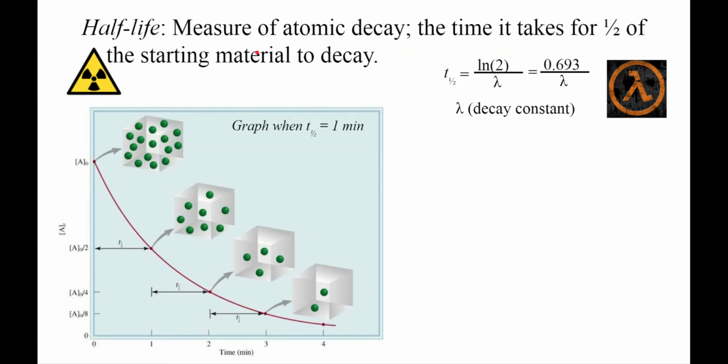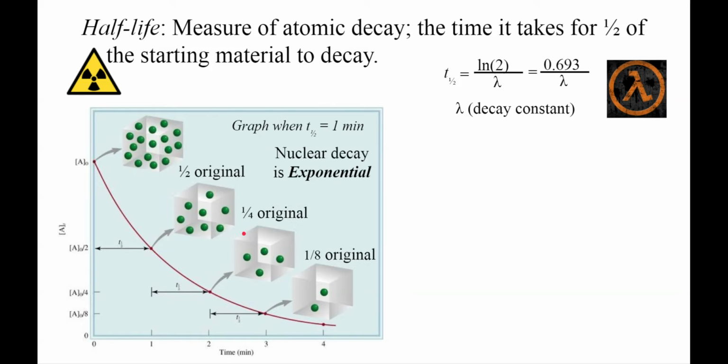So there's a tiny little bit of math in this chapter. So half-life is our quantitative way of looking at how long it takes for something to break down. How radioactive is it? And so it is the length of time for a material to decay 50% away. So this is following what's called first order kinetics, where you go from half to 1/4 to 1/8.